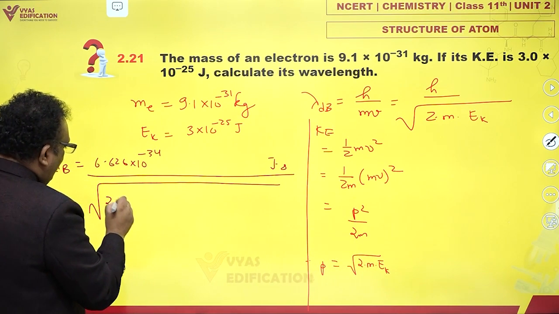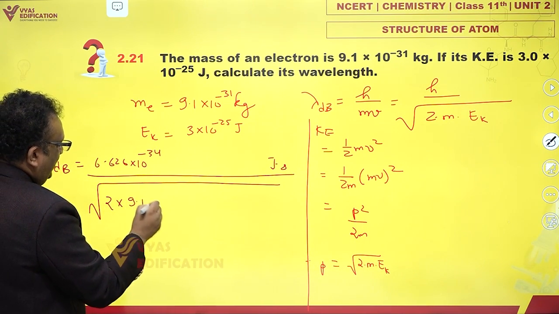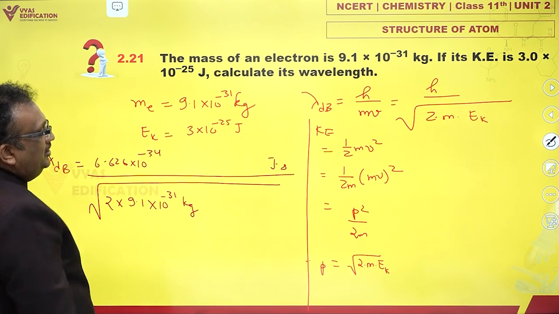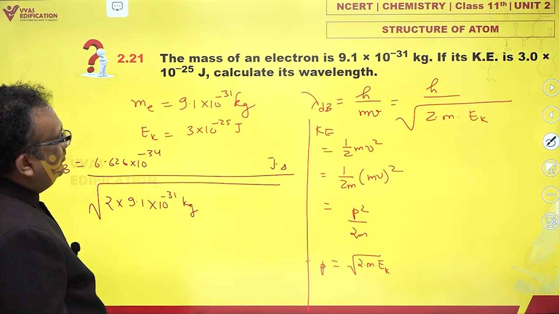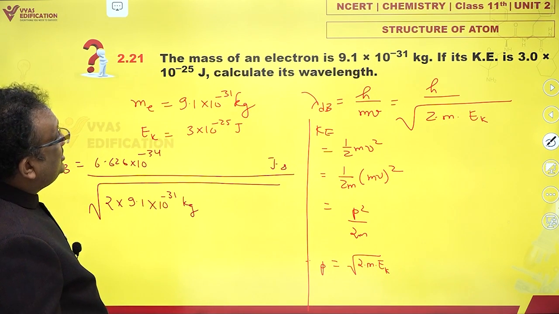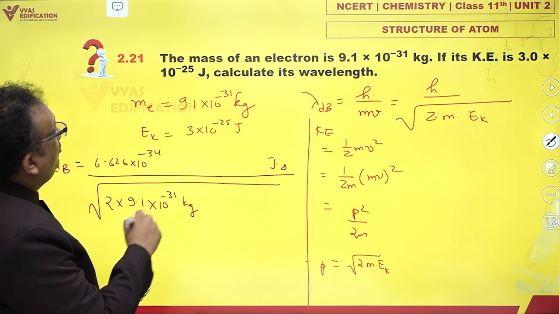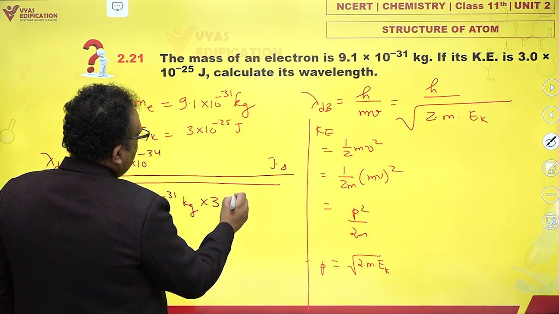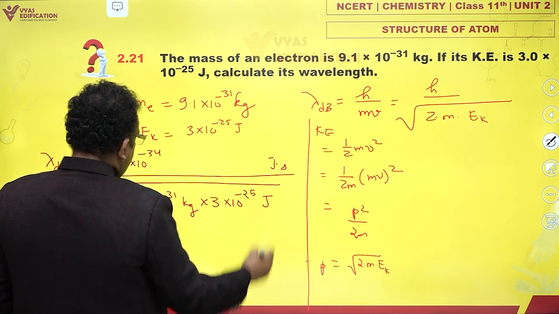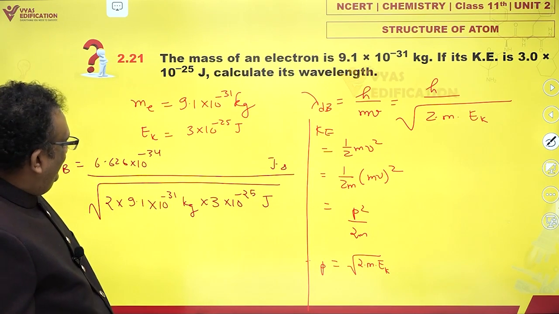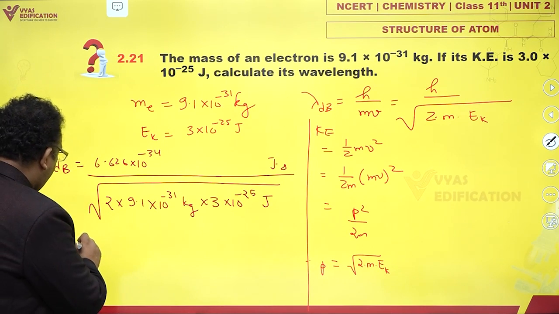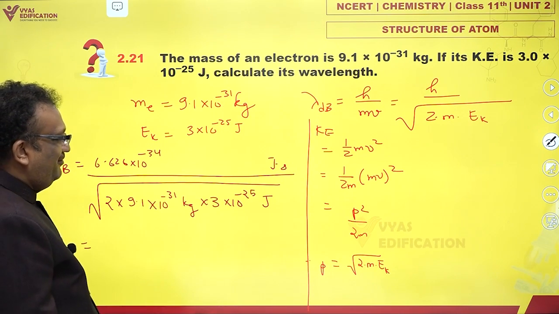Under root 2 into mass of electron, which is 9.1 into 10 raised to minus 31 kg. And kinetic energy is how much? 3 into 10 raised to minus 25 joules. This is what I have. Well, I guess we will live.